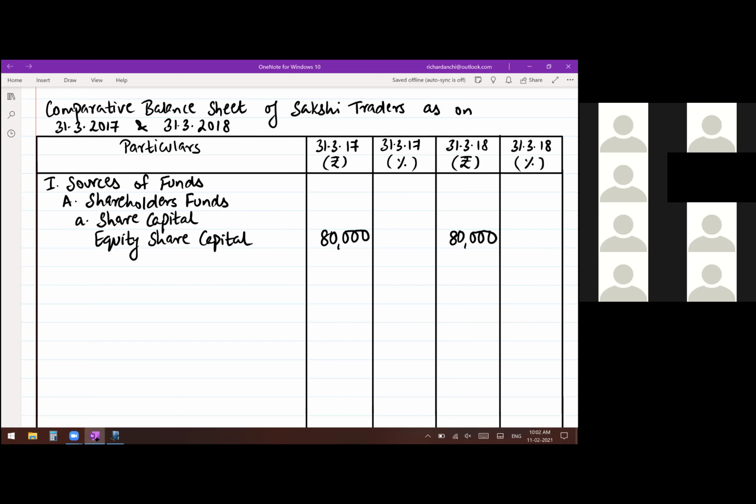Then move to the next item, and that is preference share capital. Preference share capital in 2017, 20,000, and 2018 also 20,000.